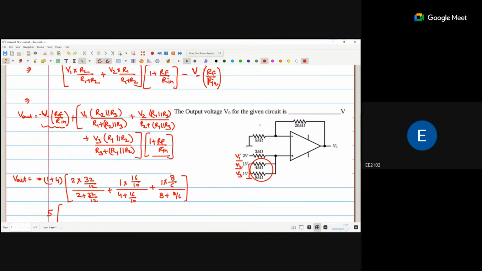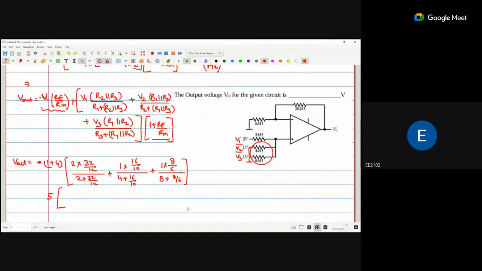So the outer factor is 5. It becomes 64 by 56, that is 16 by 56 plus 8 by 56 plus 8 by 56. So 5 into 88 by 56, that is 7.85 volts, rounded.